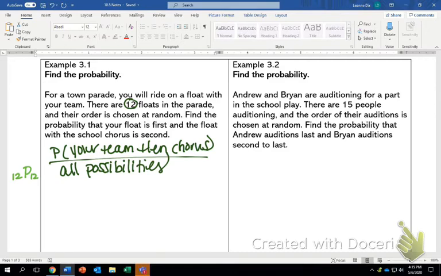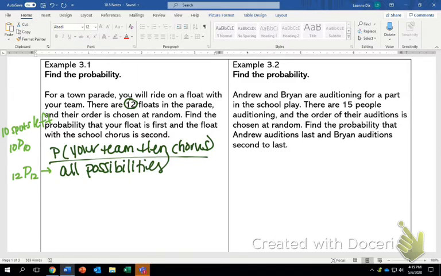We subtract your float and the choir's float, and that leaves 10 left over. And they don't say anything about the order for those 10, so we would say 10. Okay, so there's 10 spots left. So it would be 10 permutation 10. Okay, because we don't care what order they have, as long as your team comes first and then the choir.